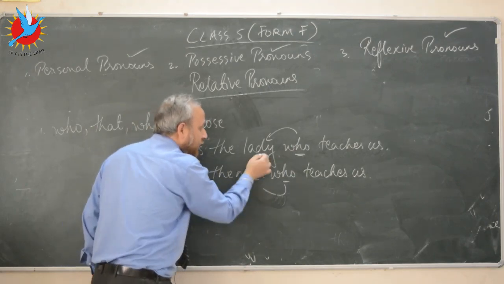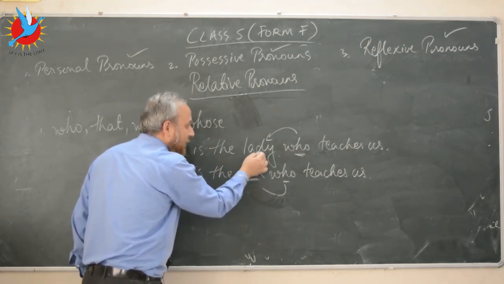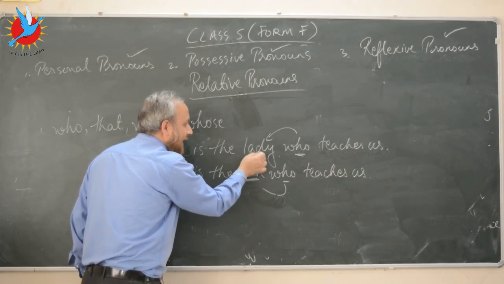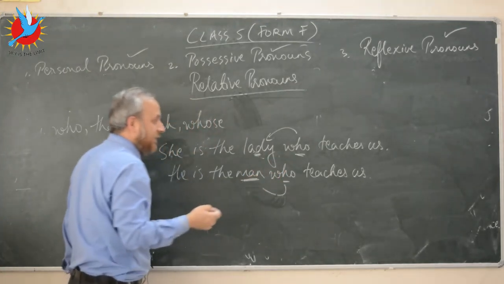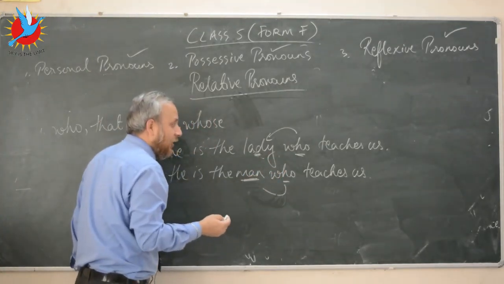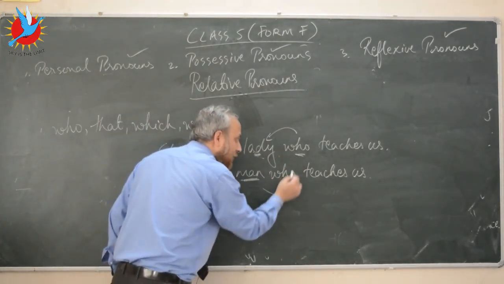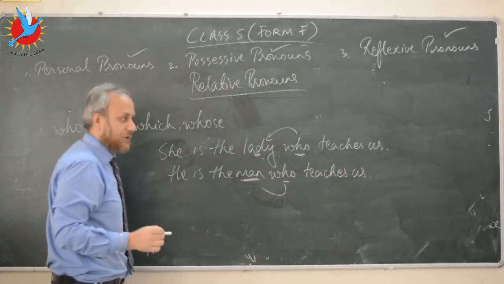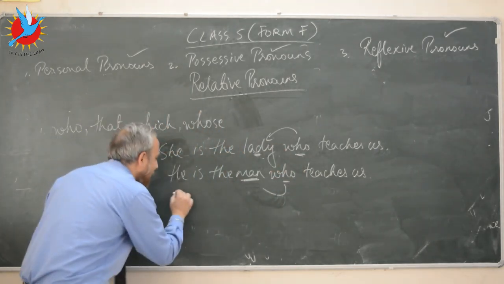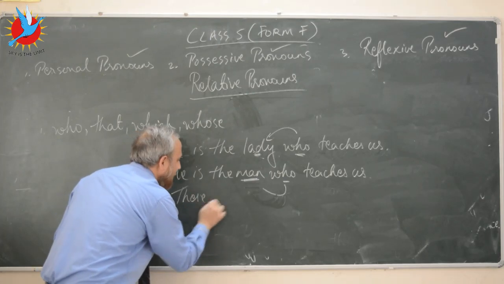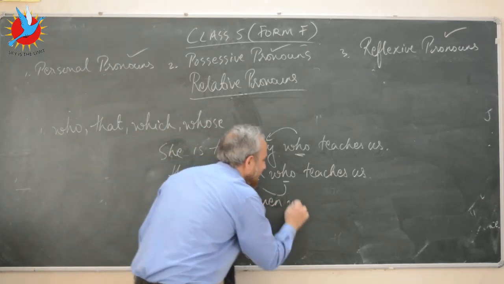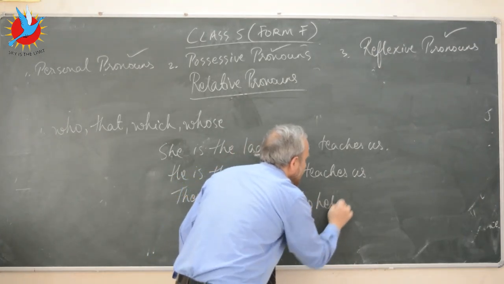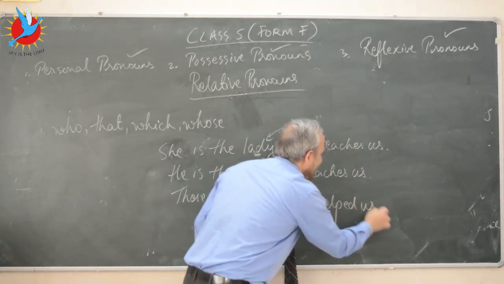In the other sentence, who is referring to the noun lady, and the gender of lady is feminine. So regardless of the gender, the form of the relative pronoun will not change. Or let's say these are the men who helped us.